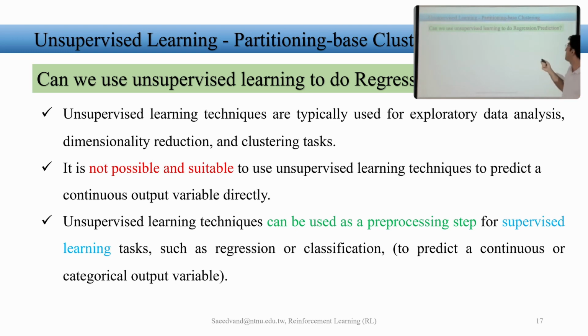Then based on that, how do you want to predict something in the future, how do you want to do regression? Because of that, it's not common to use unsupervised learning for prediction or regression tasks.